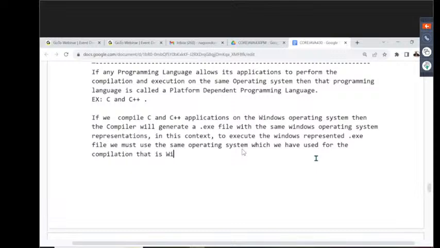What is that? That is the Windows operating system. Understand it clearly? This is the conclusion point I am telling you.